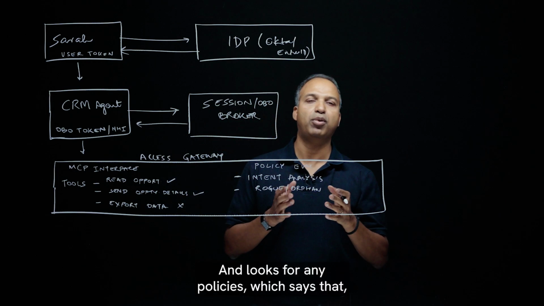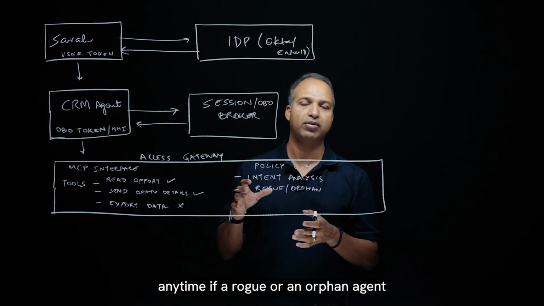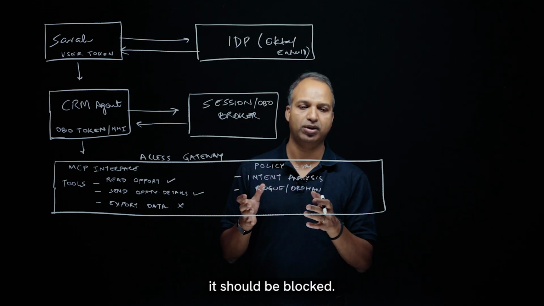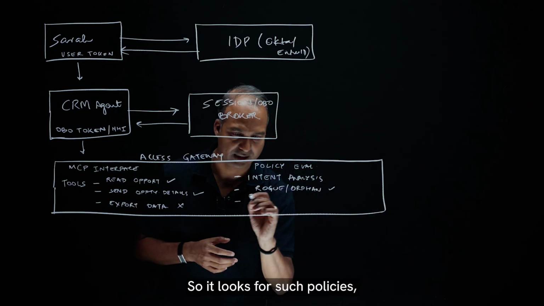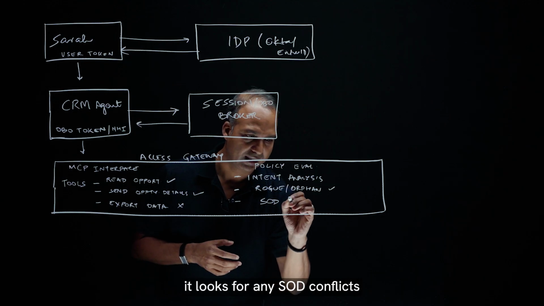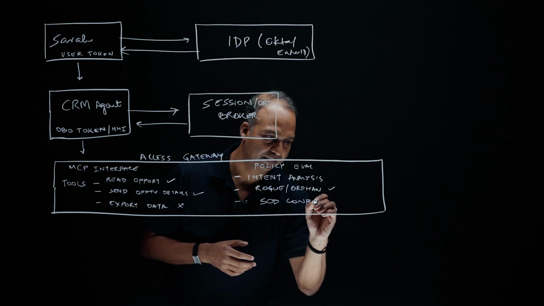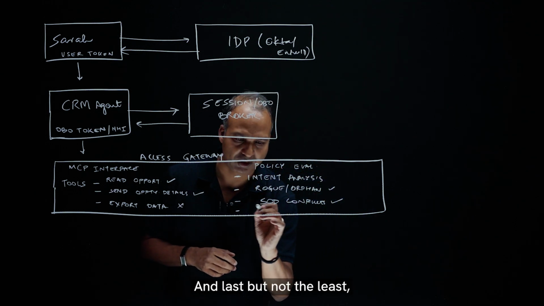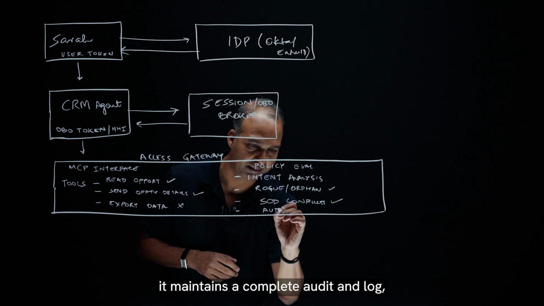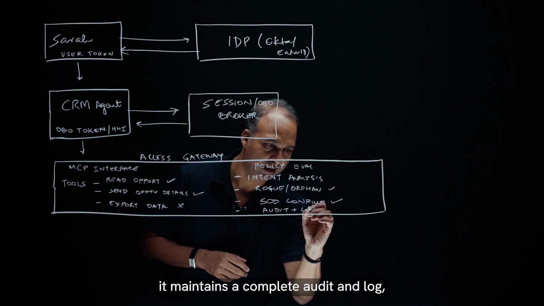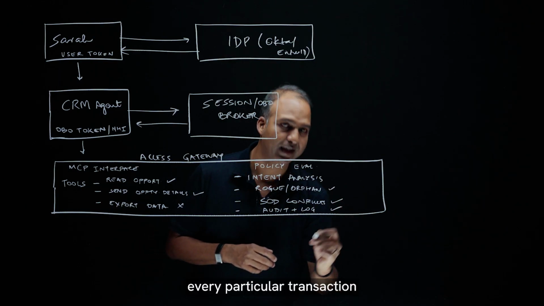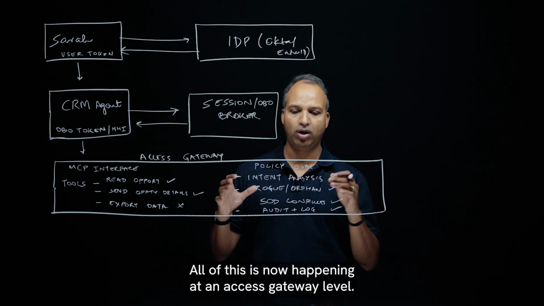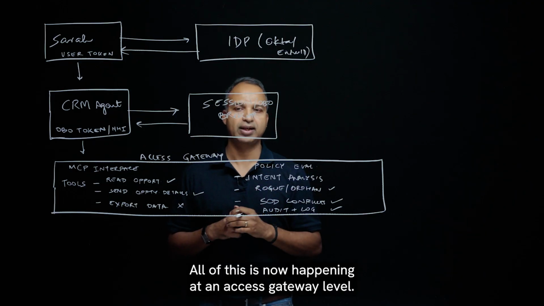And looks for any policies which say that anytime a rogue or an orphan agent is trying to perform an agentic transaction, it should be blocked. So it looks for such policies. It looks for any SOD conflicts and enforces all of that in real time. And last but not the least, it maintains a complete audit and logs every particular transaction done by this agent. All of this is now happening at an access gateway level.